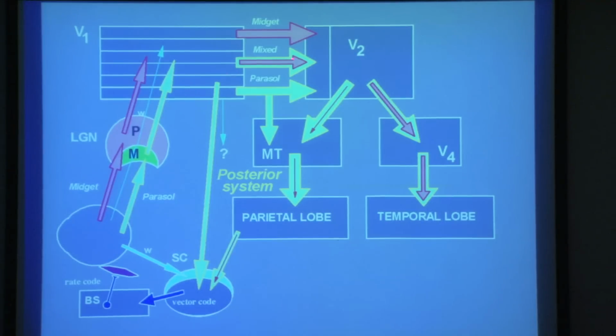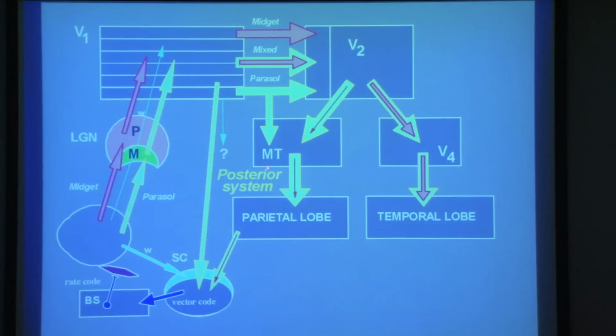And then the downflow from V1, we now know, is driven exclusively, it seems, by the parasol system. However, remember also that when we go to higher cortical areas, V2, MT, V4, and so on, some of them get a mixed input from the two systems, like V4 and the temporal lobe.